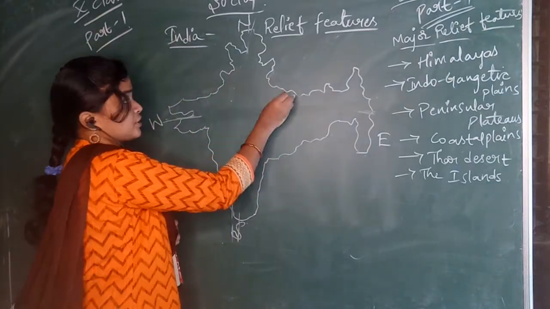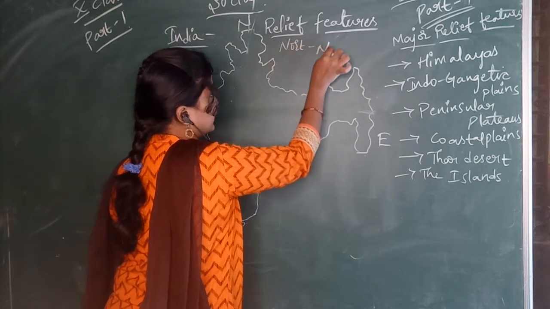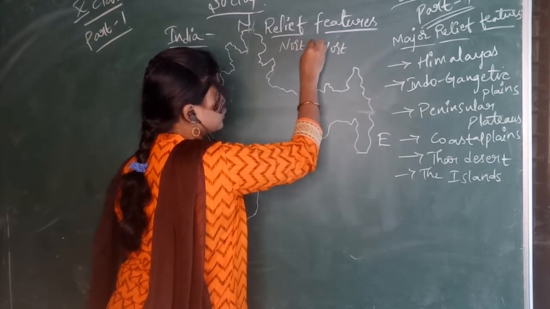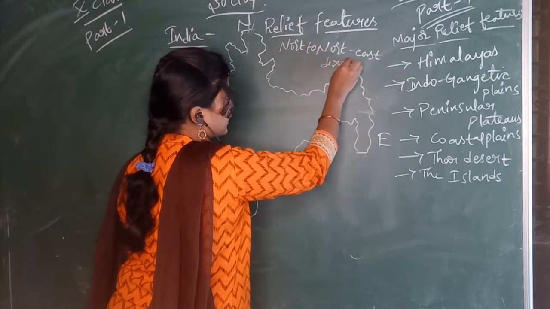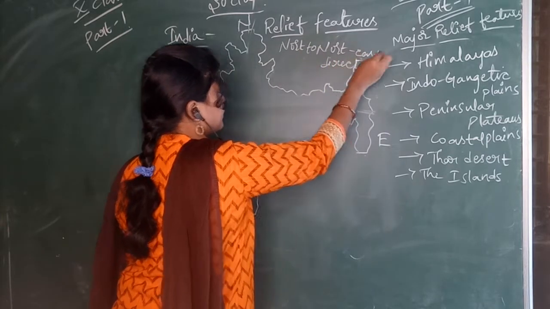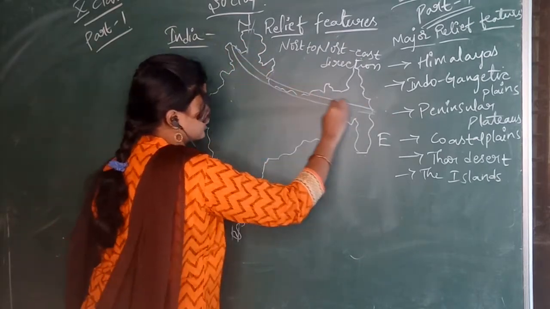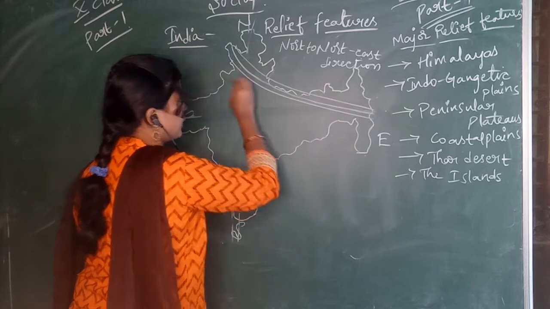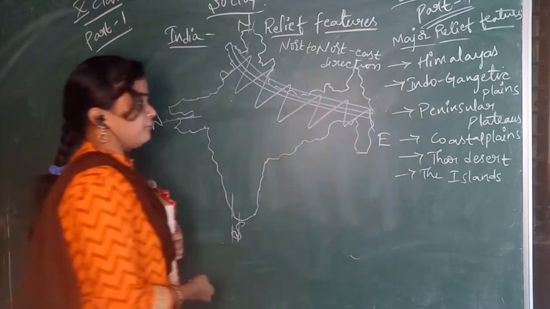The Himalayas are situated in the north to northeast direction. Here, children. From north to northeast the Himalayas have been situated. The first major relief feature.